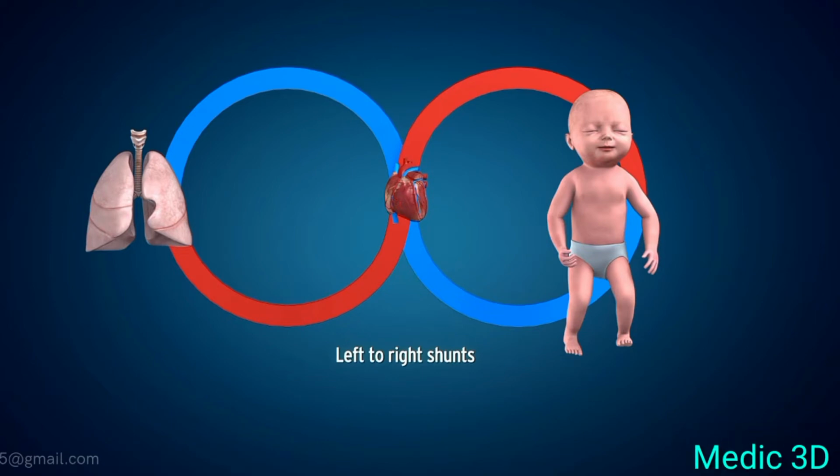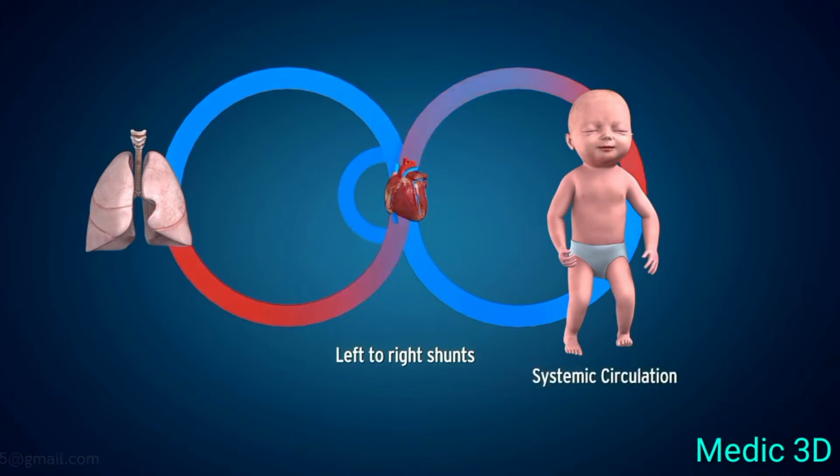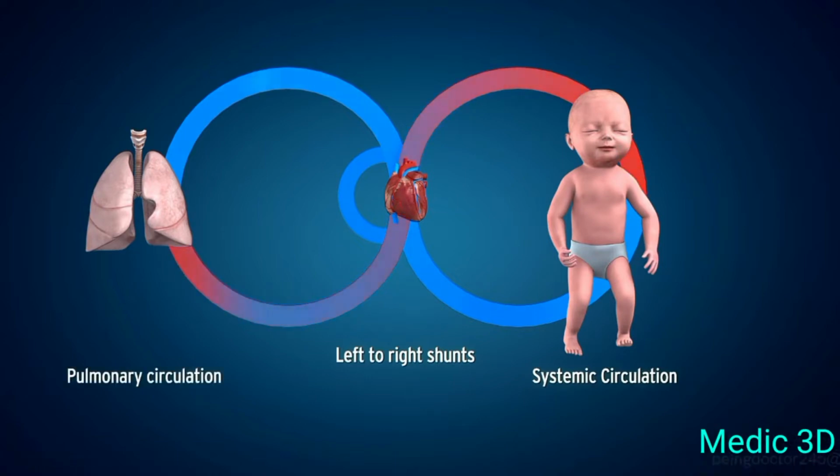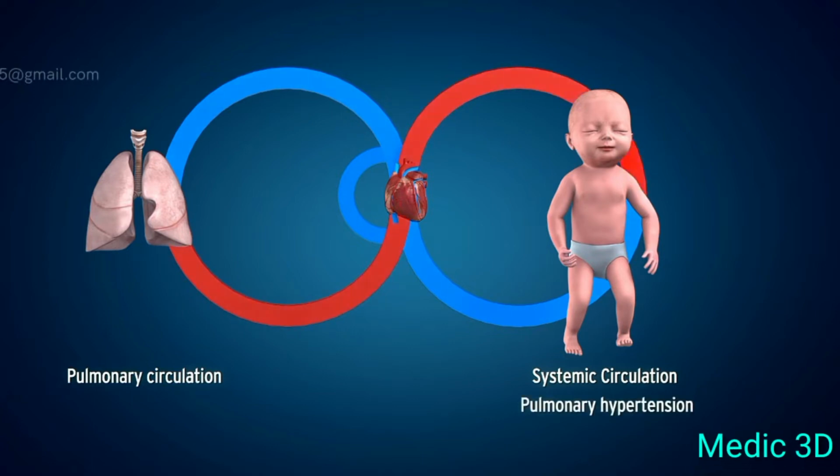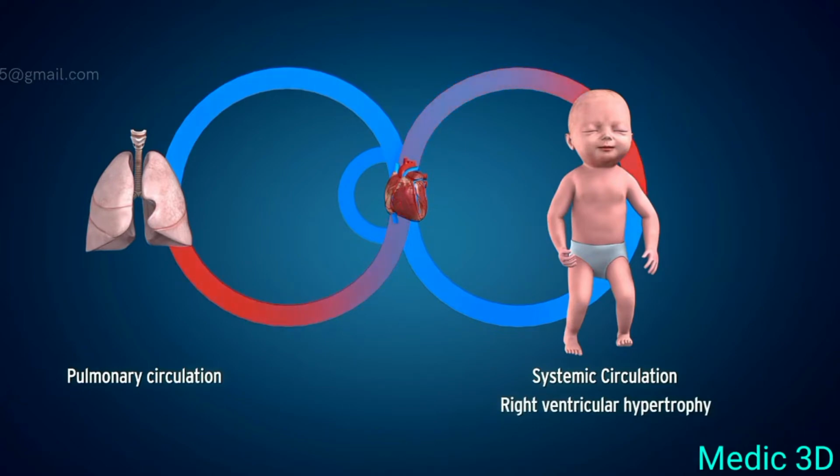In left to right shunt, the oxygenated blood flows directly from the systemic circulation to the pulmonary circulation. This shunting of blood from left to right side of the heart results in volume overload on the right ventricle and consequently causes pulmonary hypertension and right ventricular hypertrophy.